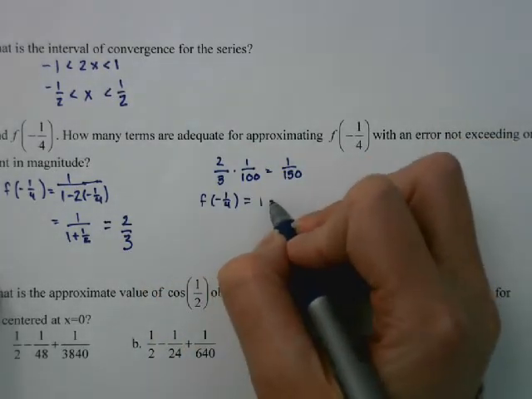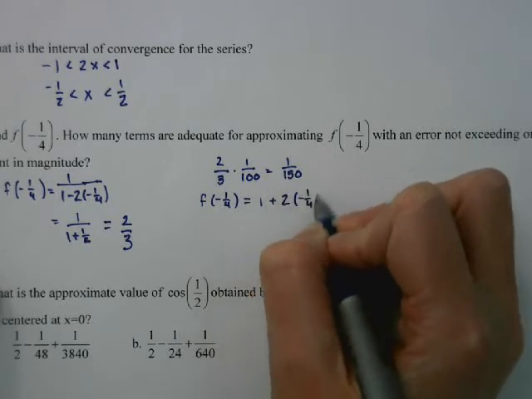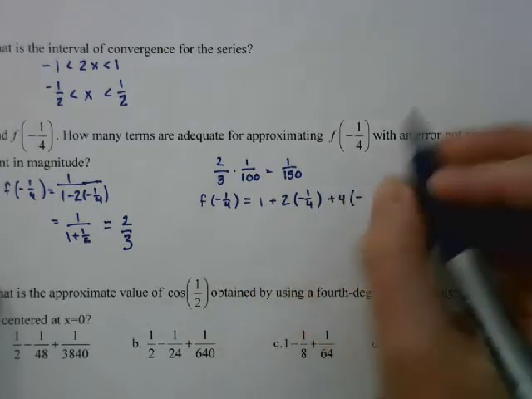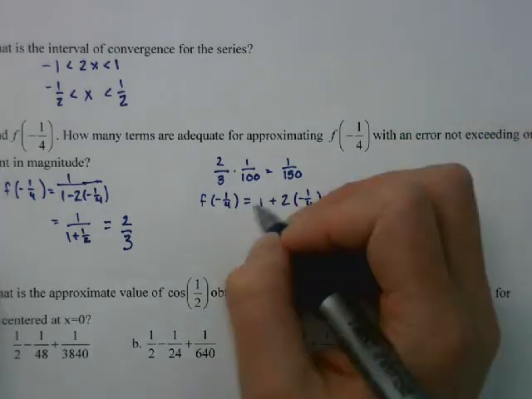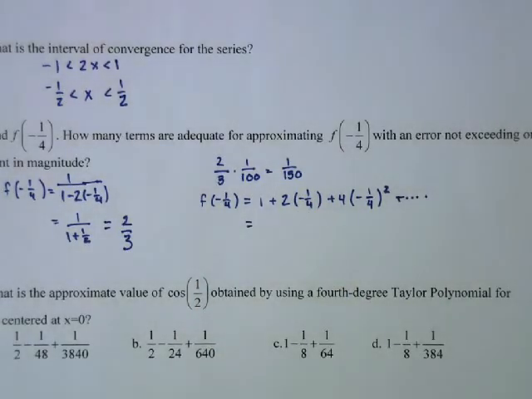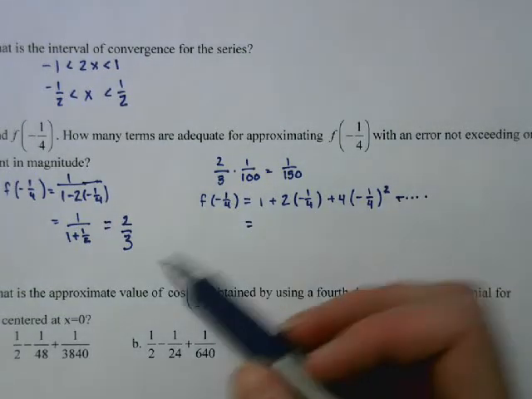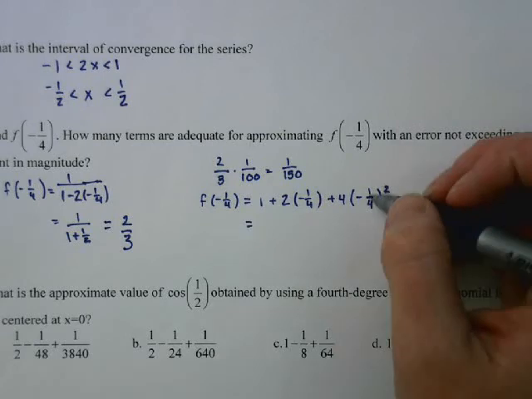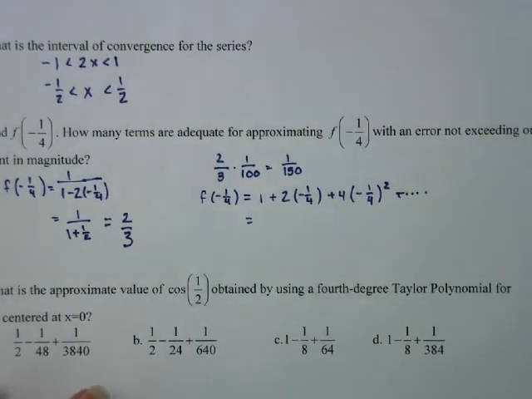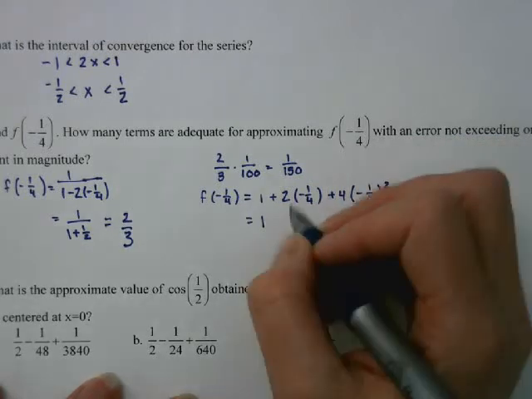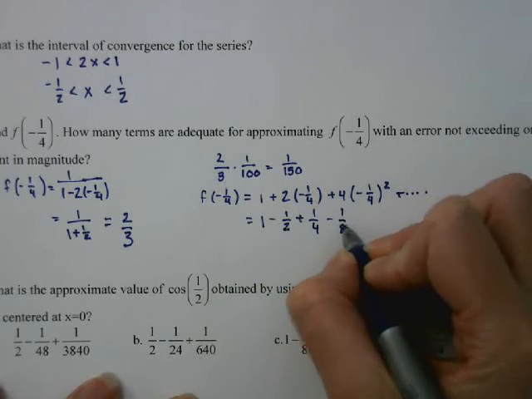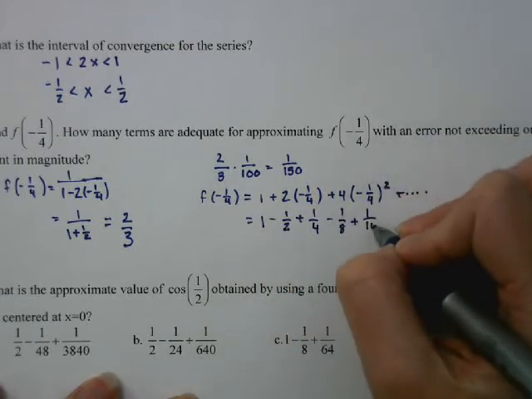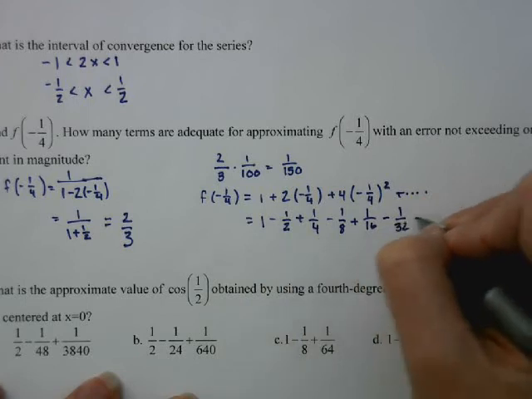So this is going to be 1 plus 2 times -1/4 plus 4 times -1/4 squared and so on. Now you can use the calculator. You're just going to be multiplying by 2 times -1/4, so -1/2. So I'm going to have 1 minus 1/2 plus 1/4 minus 1/8 plus 1/16 minus 1 over 32.